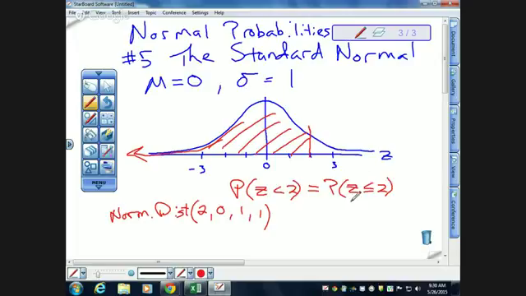That formula right there gives that answer, and I calculated that to be approximately 97.72%. So that's this area I found right here. Two is basically that point on the z-axis or the x-axis.